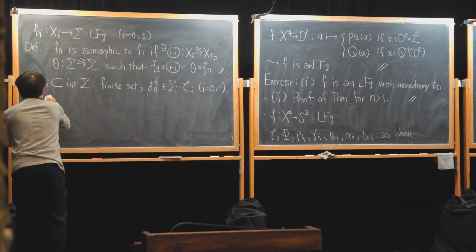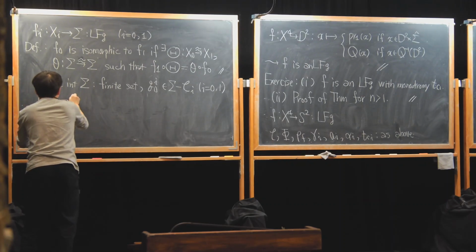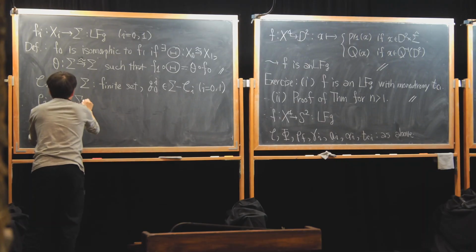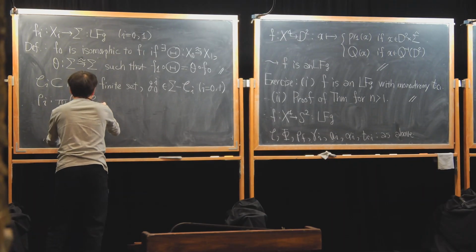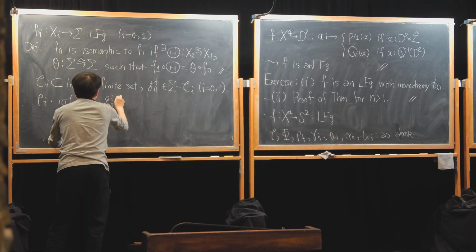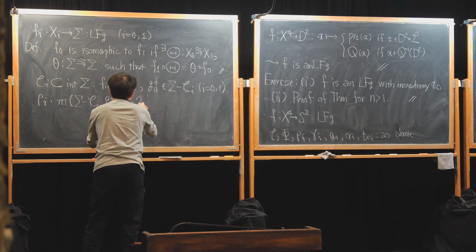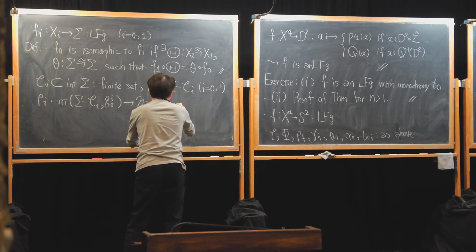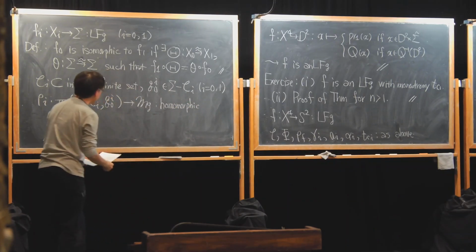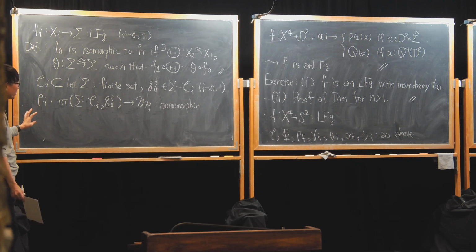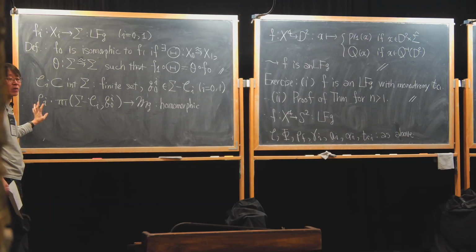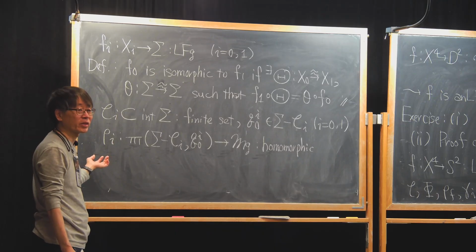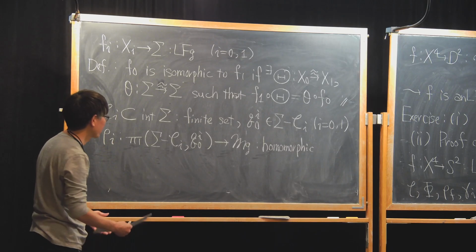And consider a homomorphism from pi_1 of Sigma minus C_i based at q_0i to M_g. So this homomorphism is, in some sense, an abstract homomorphism, not necessarily coming from a monodromy representation, just a homomorphism.